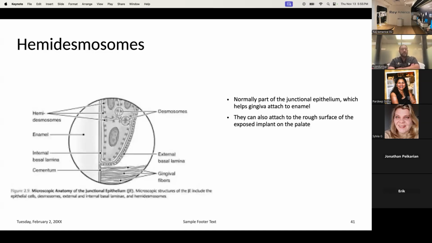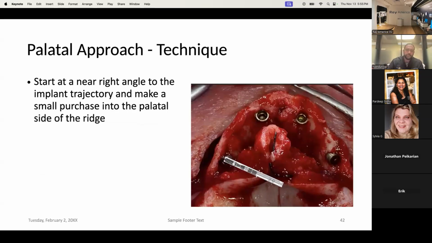And so you get really healthy looking palatal tissue even years after placing these palatal approach implants, because it's really just a normal part of the junctional epithelium that is being tricked into attaching to the roughened surface of an implant rather than the dentin of a tooth.